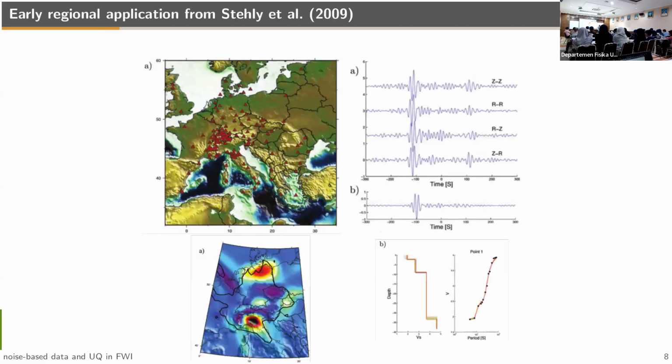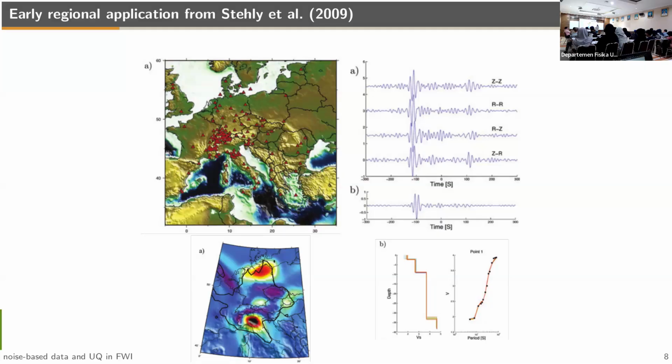Here is one early application of those techniques by Laurent Stehly during his PhD work at that time. You can see here is Europe, with a network of stations. In his work, he used the cross correlation of ambient noise between all the pairs of stations to retrieve Green's functions. You can see them here between the different components: vertical-vertical, radial-vertical, vertical-radial.